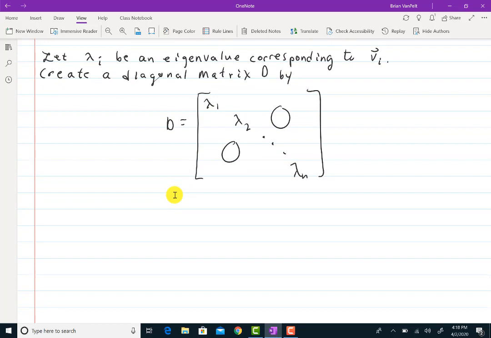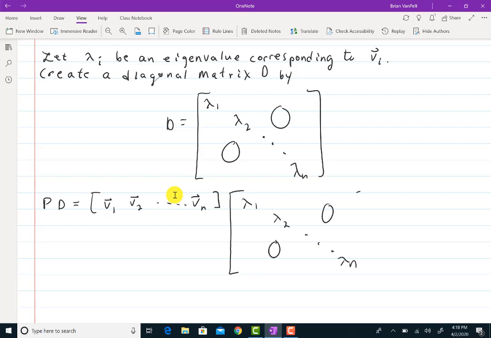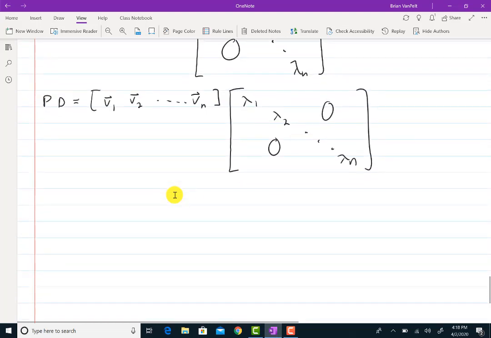So when I do P times D, we did this in the before part, we saw what we're going to get here. We're going to get an n by n matrix: lambda 1 V1, lambda 2 V2, lambda n Vn.